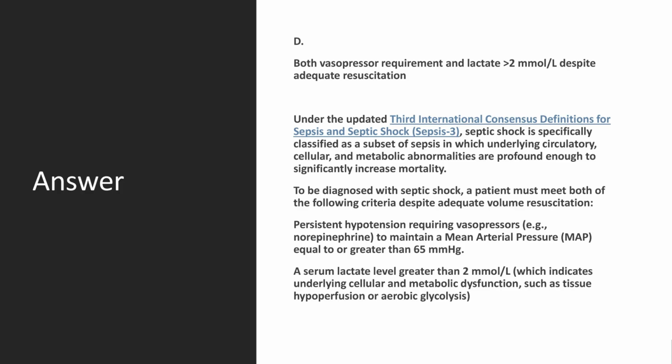To be diagnosed with septic shock, a patient must meet both of the following criteria despite adequate volume resuscitation. 1. Persistent hypotension requiring vasopressors, norepinephrine, to maintain a mean arterial pressure equal to or greater than 65 millimeters of mercury. 2. A serum lactate level greater than 2 millimole per liter, which indicates underlying cellular and metabolic dysfunction, such as tissue hypoperfusion or aerobic glycolysis.